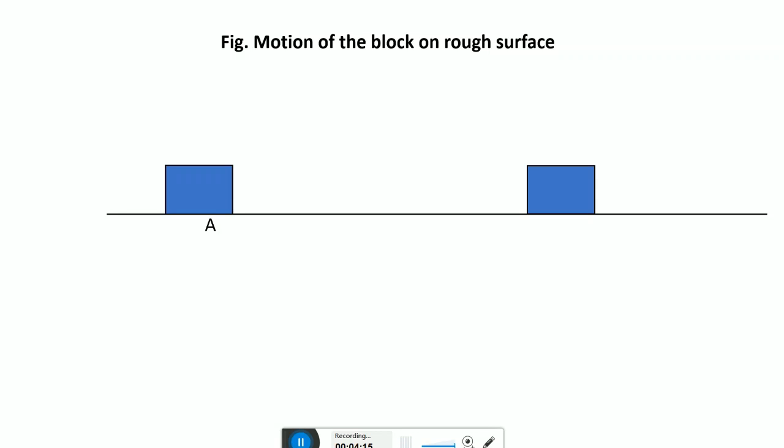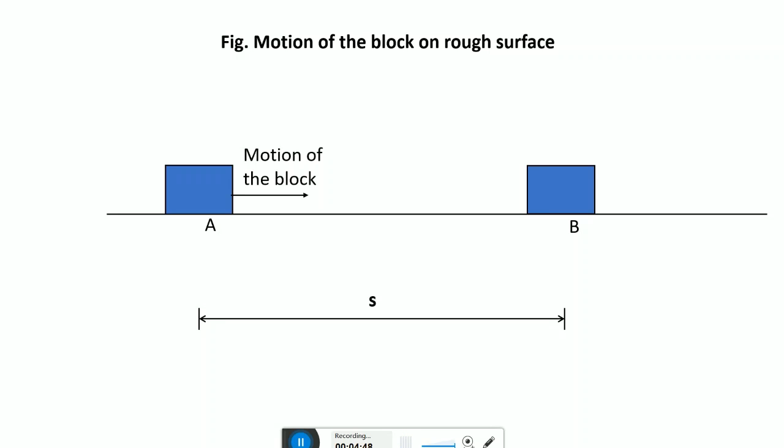It is moved towards the right to point B through a distance S. Means S is the distance between the positions A and B. If the motion of the block is towards the right, then the force of friction is towards the left.